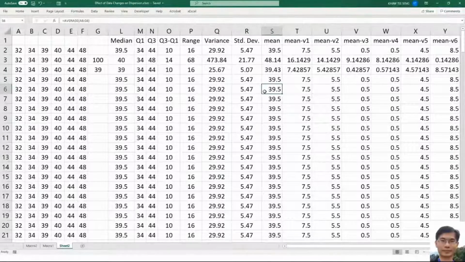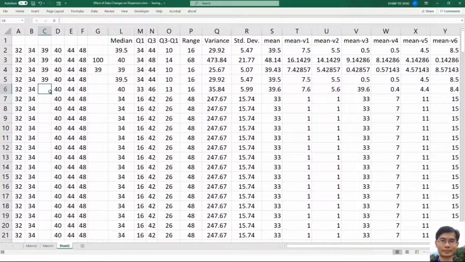If we remove a data where the difference between the removed data and the mean is small, for example, if we remove 39, the variance and standard deviation increase. It means if the difference between the value that is removed and the mean is small, then the new standard deviation will be larger and vice versa.